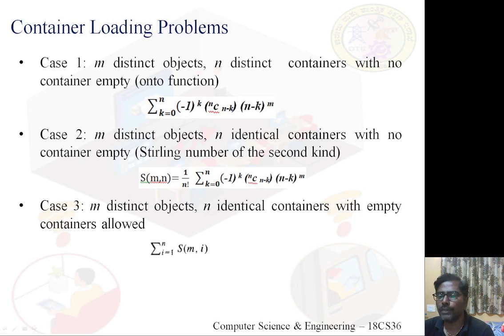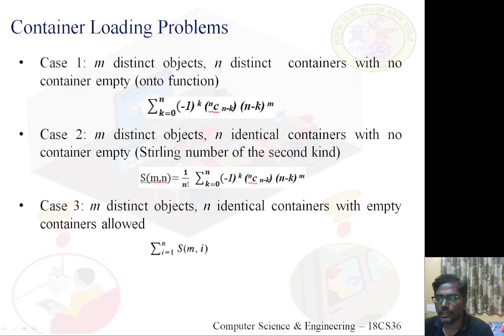So the solution for case 2 is the Stirling number of the second kind, S(m, n), that is, the number of onto functions from a set with m elements to a set with n elements divided by n factorial. That's nothing but summation k equal to 0 to n of (-1)^k times nC(n - k) times (n - k)^m, divided by n factorial.